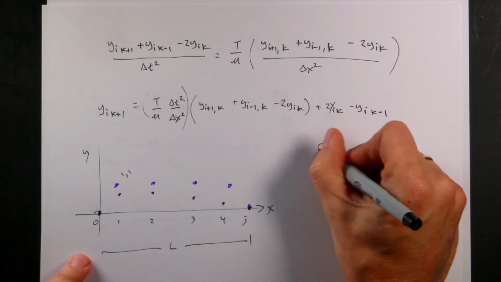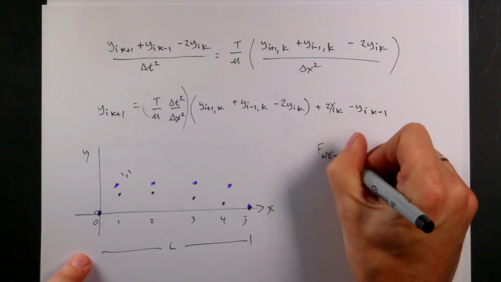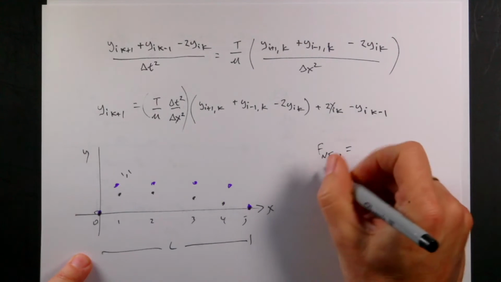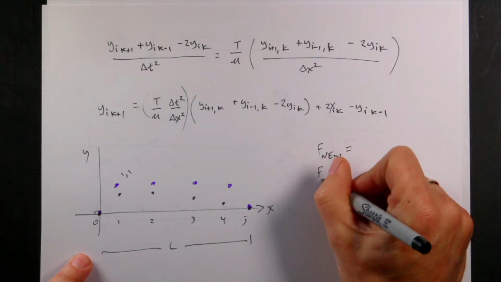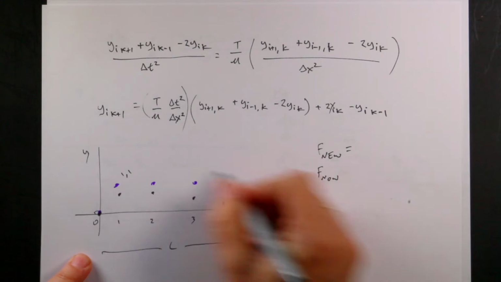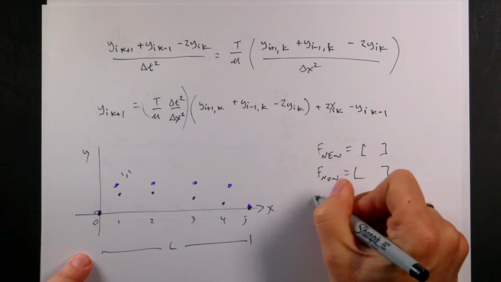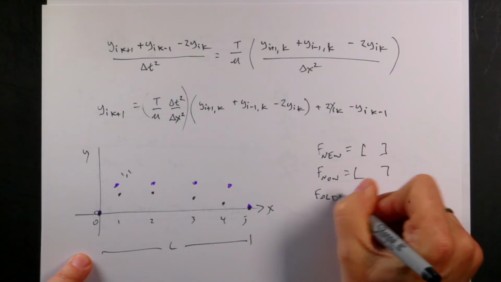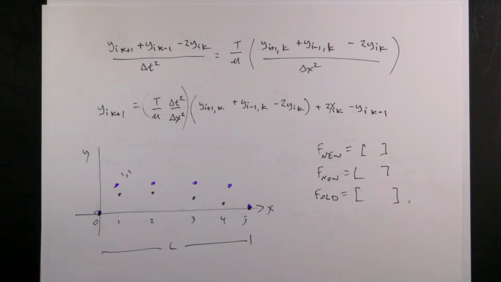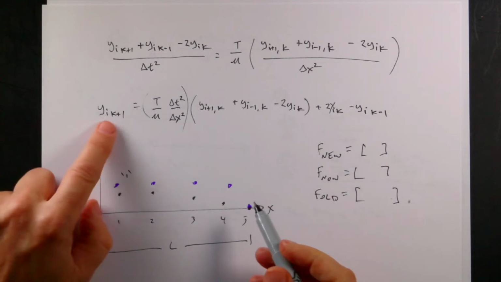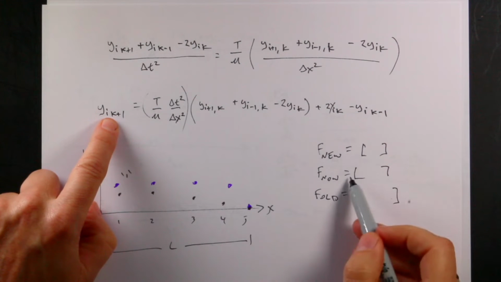I'll call this F new, the one I'm going to calculate right there in time. I have F now, the one that it's at right now, and that's a list. And then I have F old as the previous list. And so I'll go through, because if I want to find the new one, I need now and old.